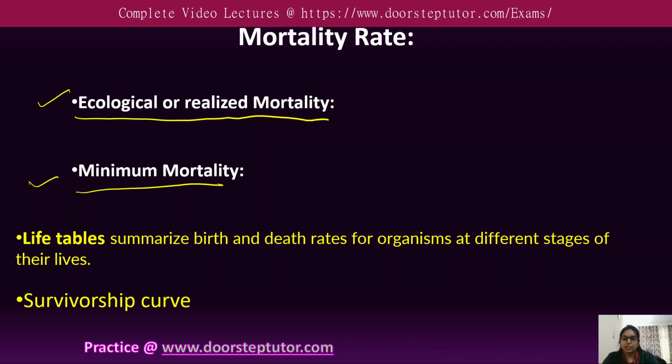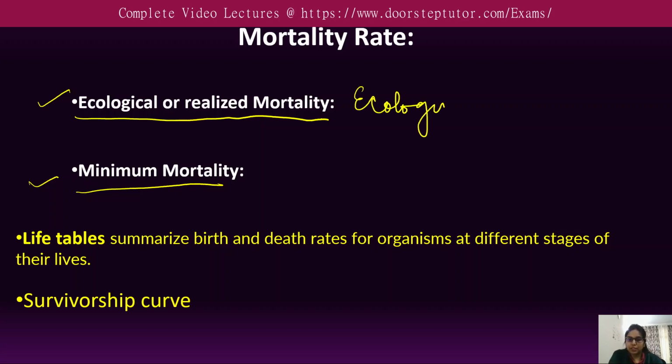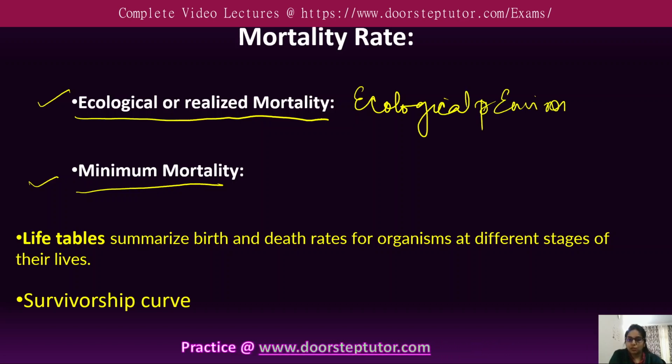The ecological mortality rate refers to the death rate or mortality within a population in the context of its ecological environment, where the ecological environment plays a very important role.